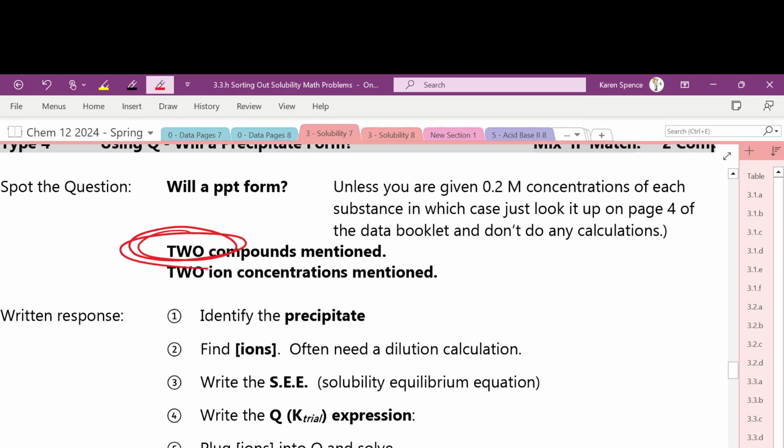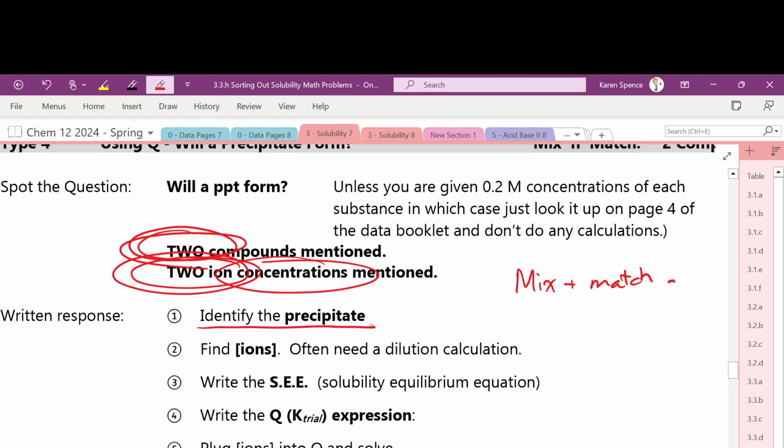Again, you're going to have two compounds or two ion concentrations. This is mix and match. So will the ion concentrations be proportional? No. Once again, you'll have to identify the precipitate, find the concentration of the ions, write the solubility equilibrium equation for the precipitate.